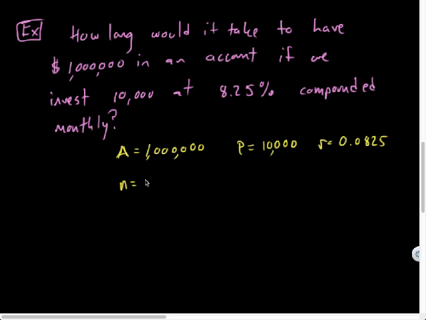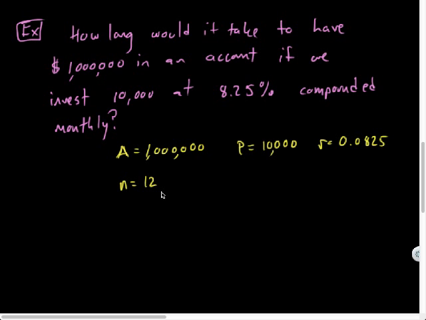There are 12 months in a year. And what I mean by compounded is that your interest is being stacked on top of your interest. So instead of just earning the same amount each year, like if I put $100 in at 5%, I get $5 at the end of the first year. But the next year, not only am I earning another $5, but I'm also earning 5% on my first year's $5.